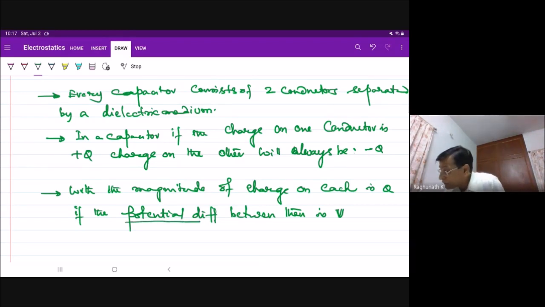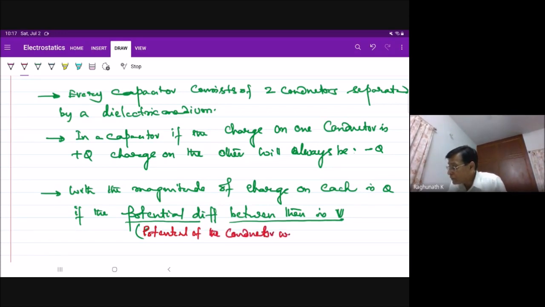The potential difference between them is nothing but the potential of the conductor with plus Q, which is V. Do you agree with this?